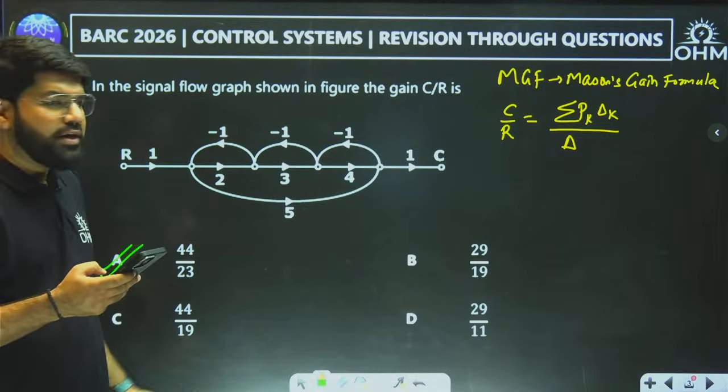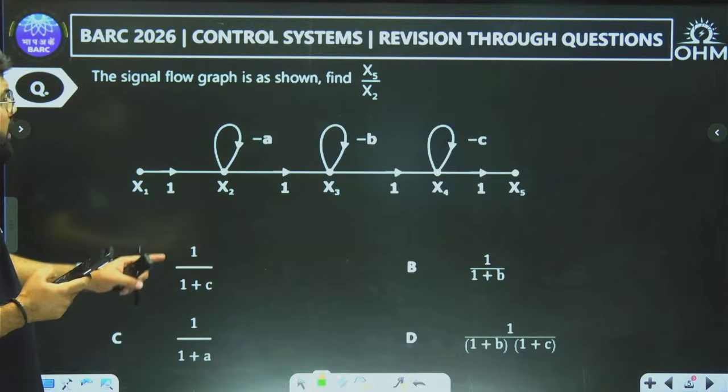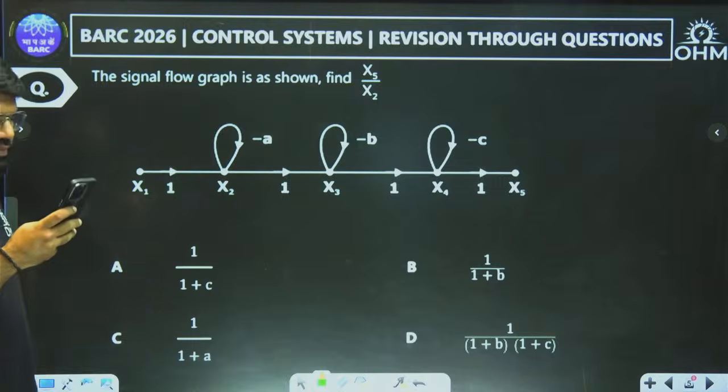Now, let's be ready for the next question. Take the next question. For the signal flow graph shown, find x5 upon x2.